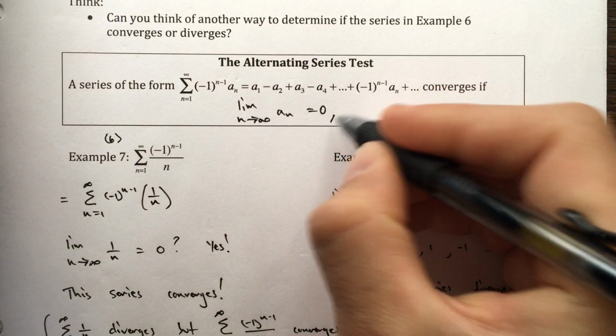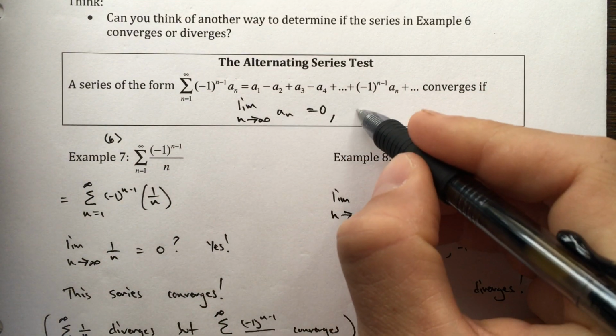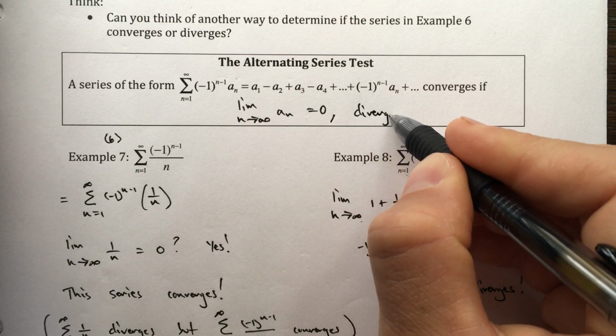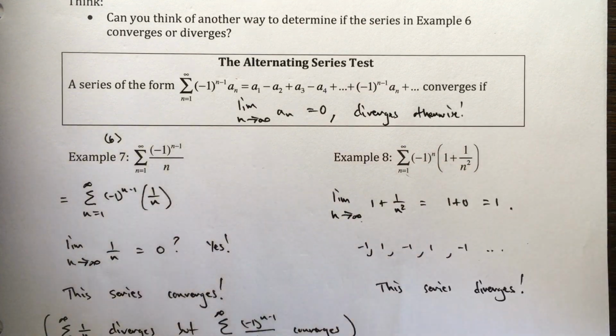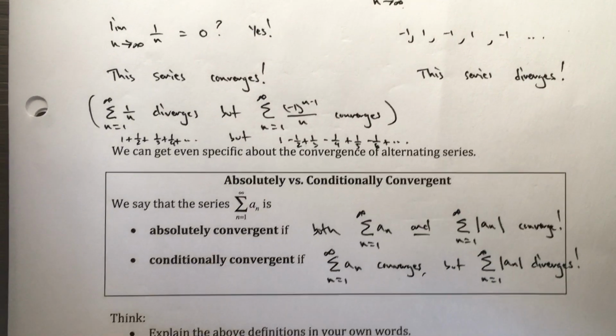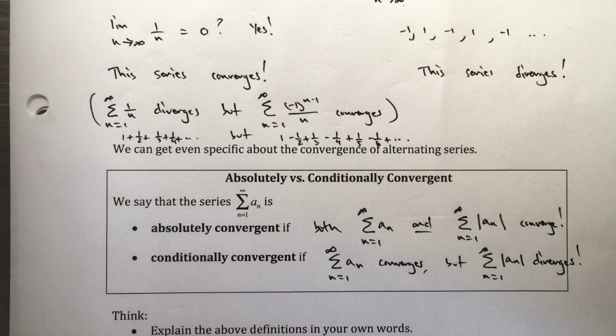So I guess we could say converges if this, diverges otherwise. Then absolutely versus conditionally convergent, something is absolutely convergent if both the series and its absolute value converge, but conditionally convergent if it needs the alternating business to converge.